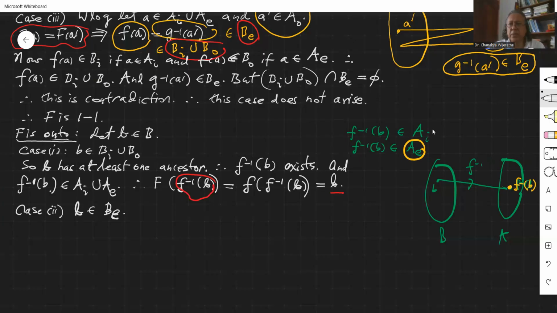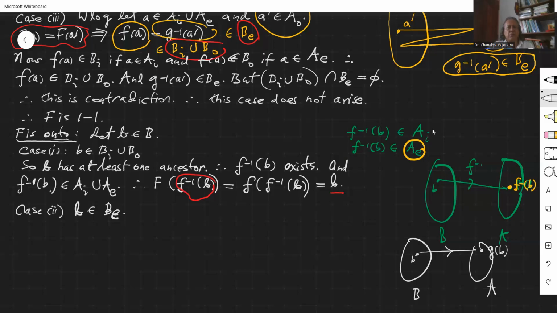So b is in BE. Let's draw this: B, A. We can go forward via G, and we get G of b.